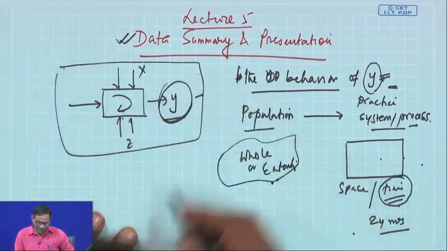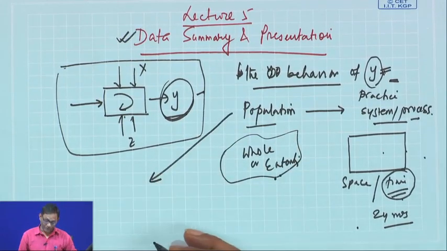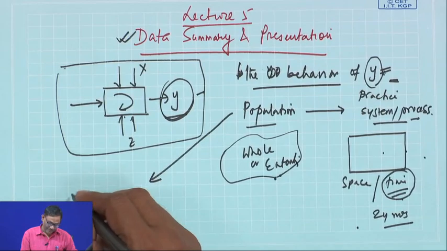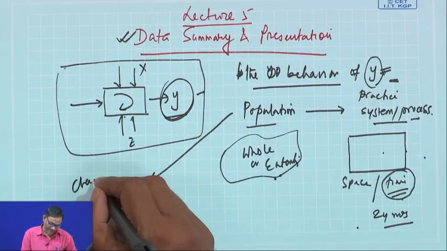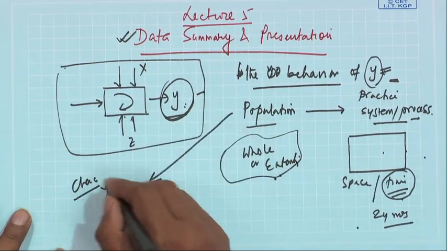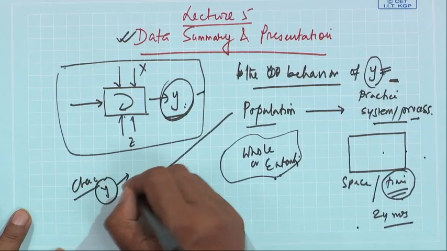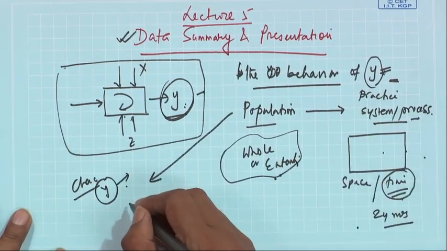When we talk about population, the important thing is that population is considered with respect to certain characteristics, usually the y, the response variable, and in this case the intensity level at detection.